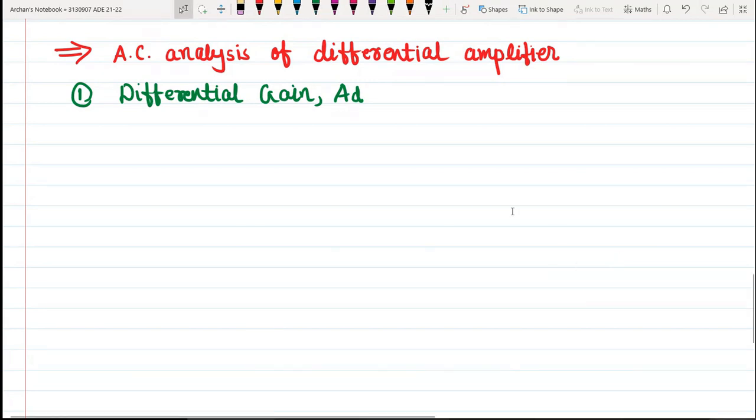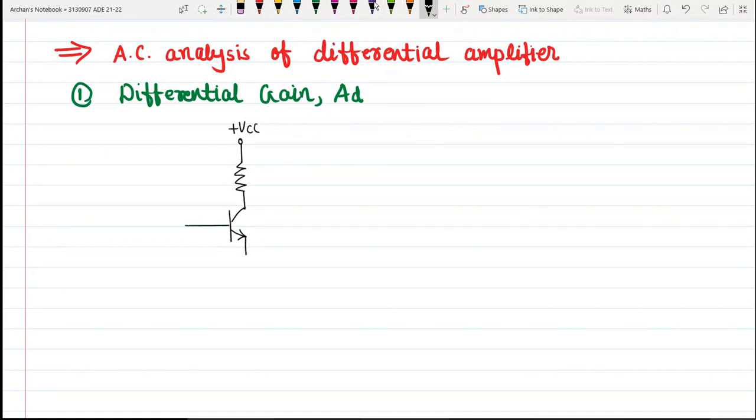So I will draw the circuit diagram first. Here we have the plus VCC supply, and this will be our transistor.